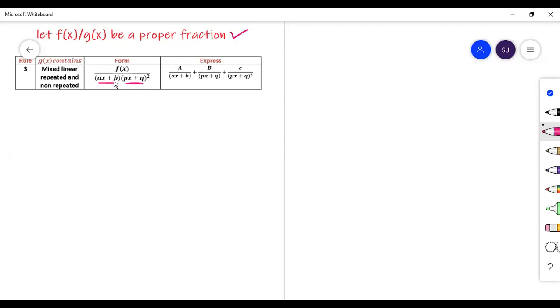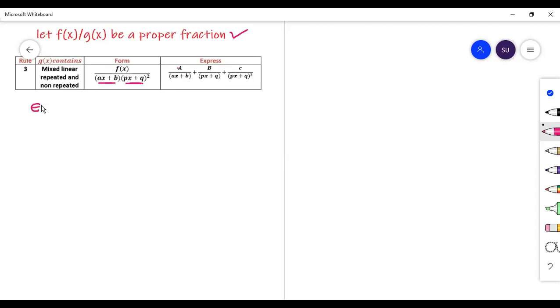Anyway, all the factors are linear, so just directly write a, b, c. Only one time ax plus b is there, so directly a by (ax plus b). Next, px plus q is repeated, so as we have seen in the second model, b by (px plus q) plus c by (px plus q) whole square.